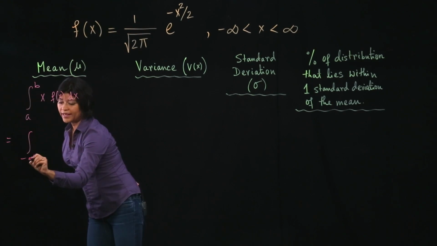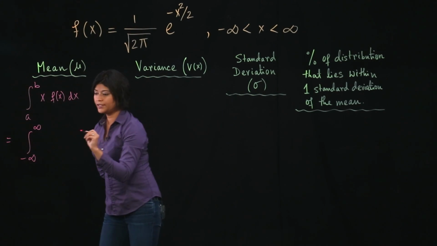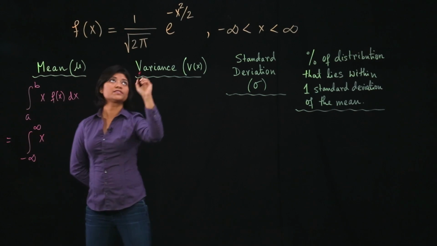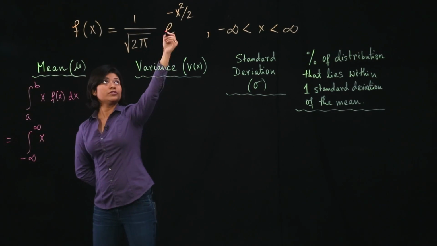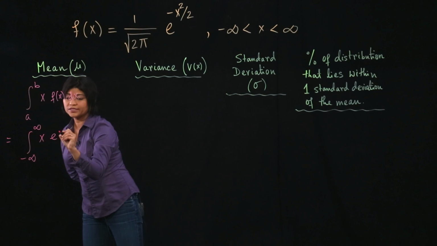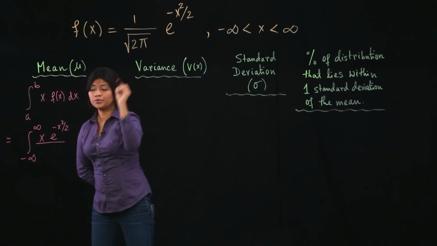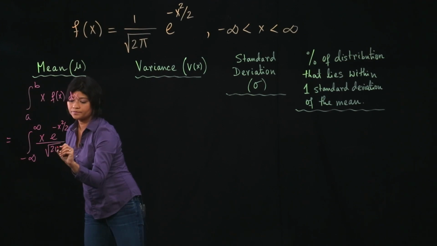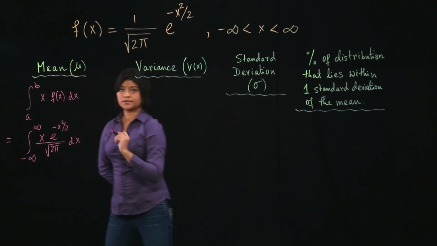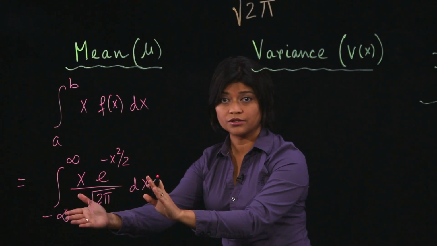So this will be from negative infinity to positive infinity, x times your function. So e to the negative x squared over 2 is in the numerator. And then denominator, we will have square root of 2 pi dx. So this is your integral.